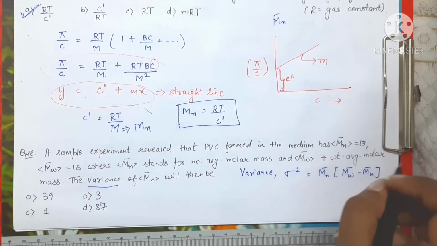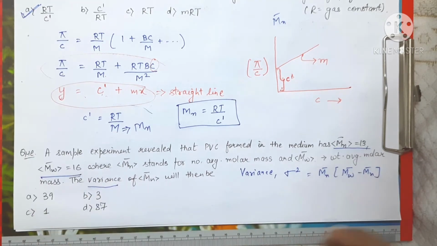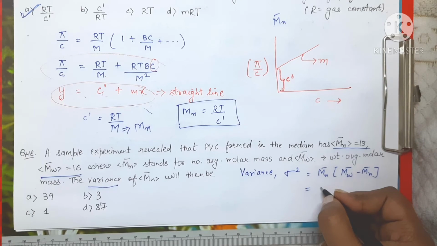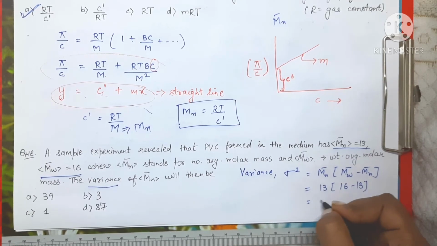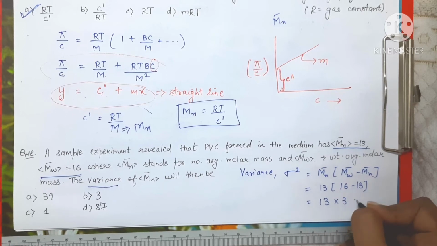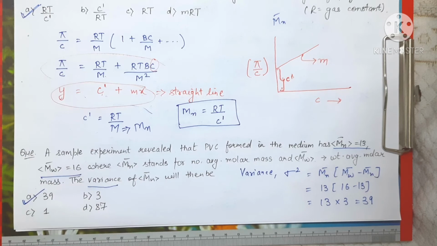We have been given the values of Mn and Mw. Just substitute the values: 13 into 16 minus 13. That will be 13 into 3, that is 39. So 39 is the correct option. Very easy to do question. So now we'll move on to the next question.